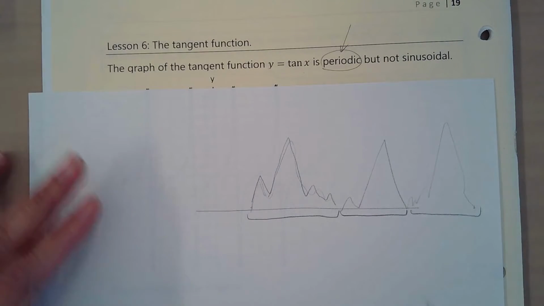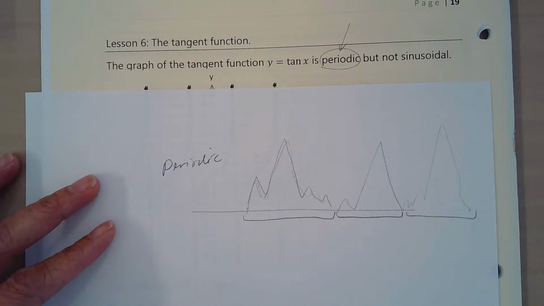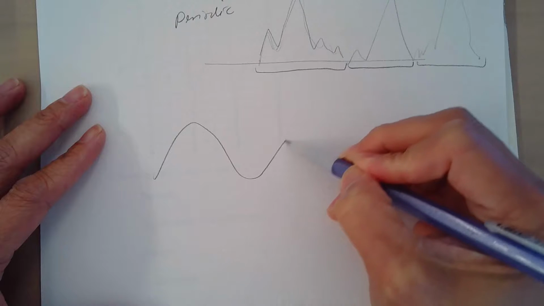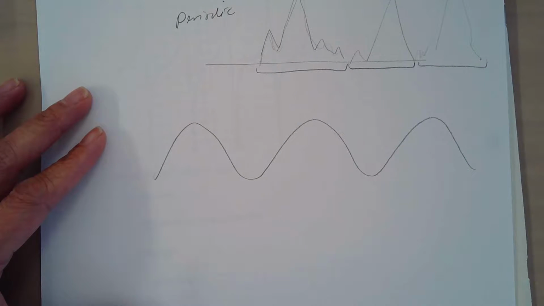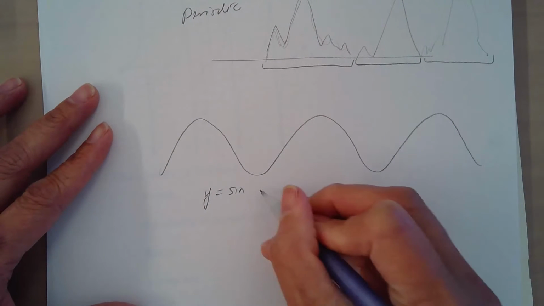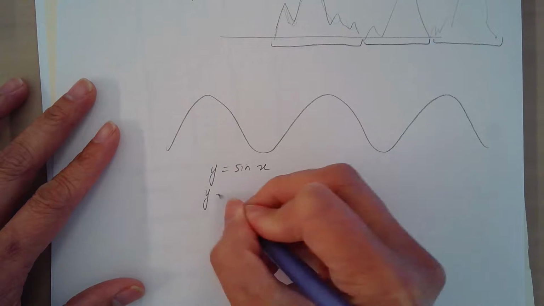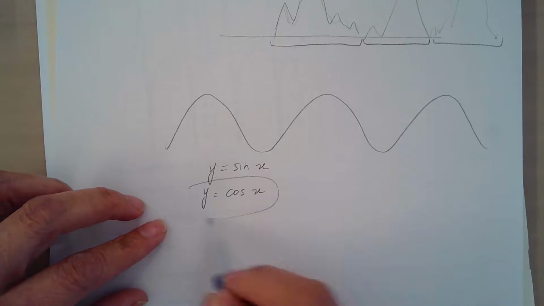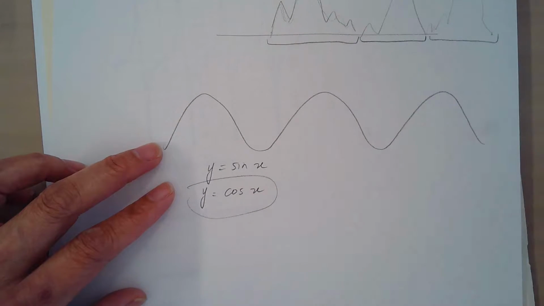So this is periodic, but not sinusoidal, because a sinusoidal looks like this. This is the one that we're used to. Sinusoidal could be y equals the sine function, or it also could be y equals the cosine of x function, because we already know that a graph can be expressed as a cosine or as a sine.